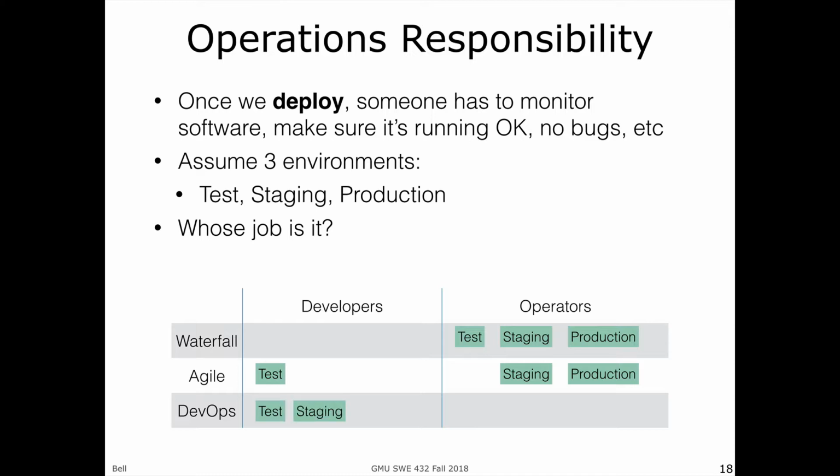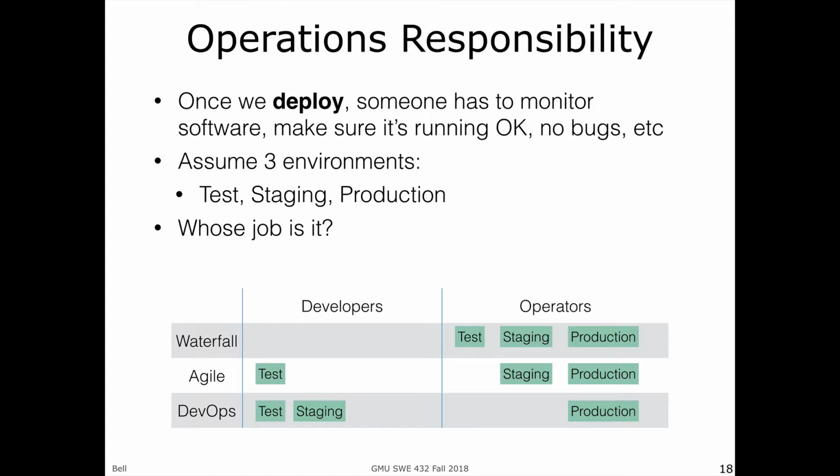DevOps is when developers are going to take ownership of features that are in this staging environment. So if I write some code, I test it myself, it's my problem if my code doesn't work when I test it myself. It's also my problem if I say this looks like it works, deploy this to staging, and then it gets to staging and it doesn't work. It is the developer's responsibility to monitor it and check it.